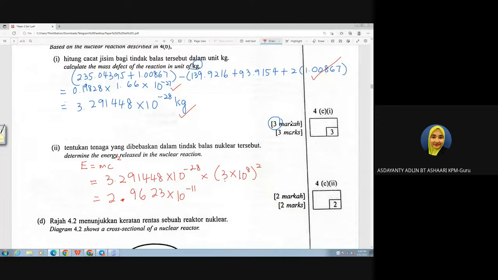Okay, energy unit in joule. Okay, at least 2 dp atau 3 significant figures.